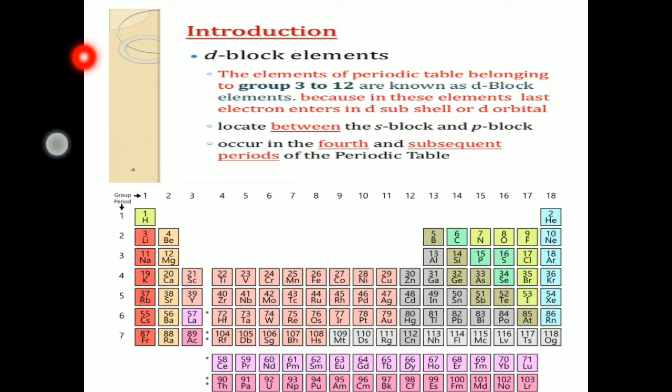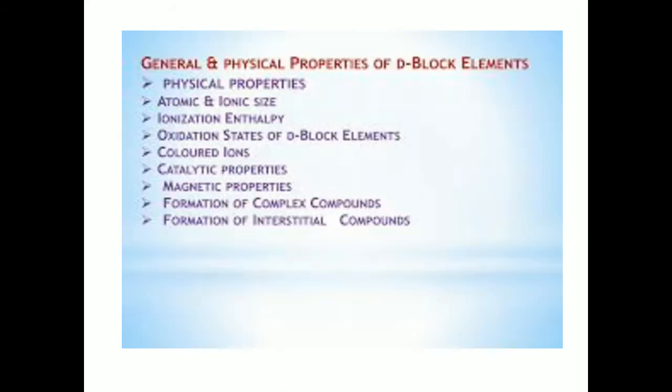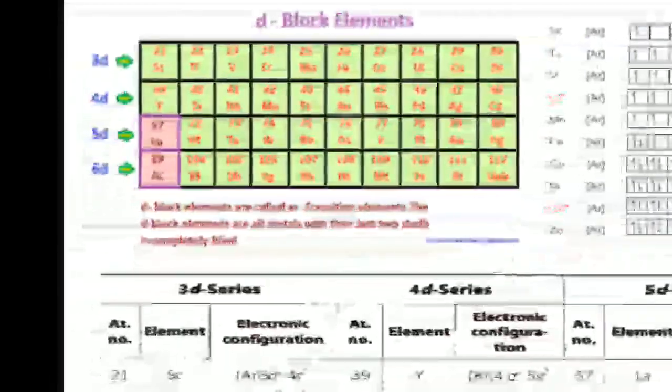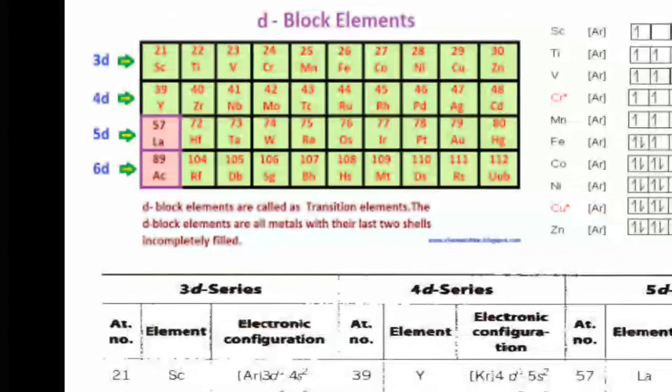Okay, so let us discuss the d block elements. These are the 4 series of d block elements. The first row of d block elements is called the 3d series.